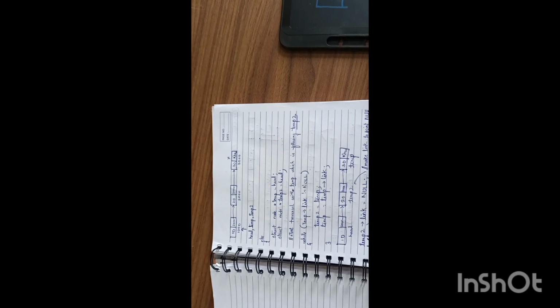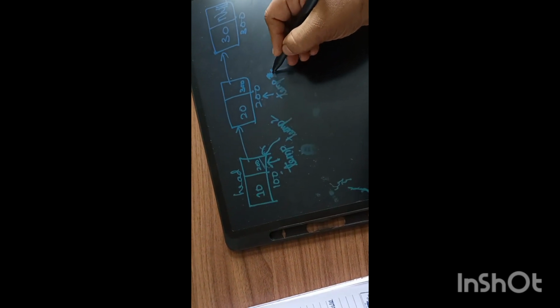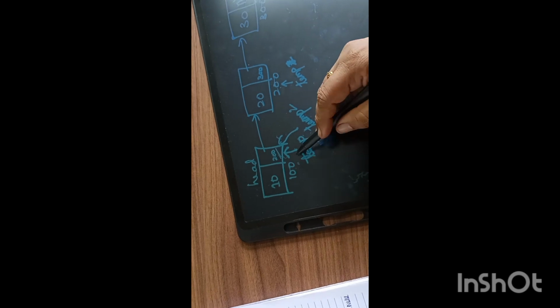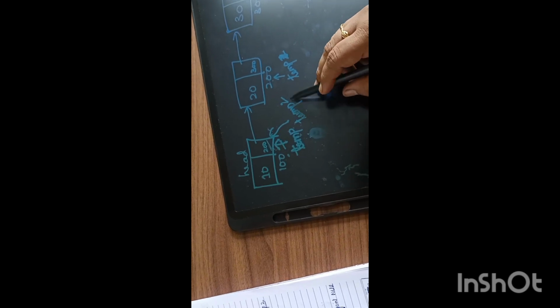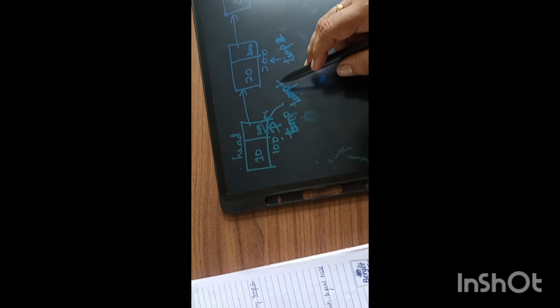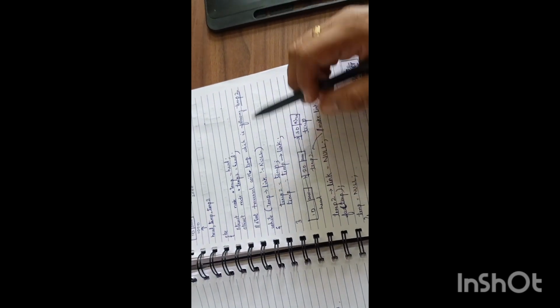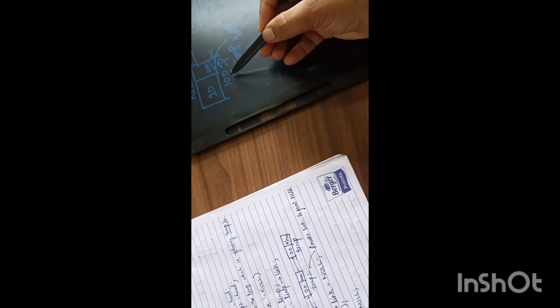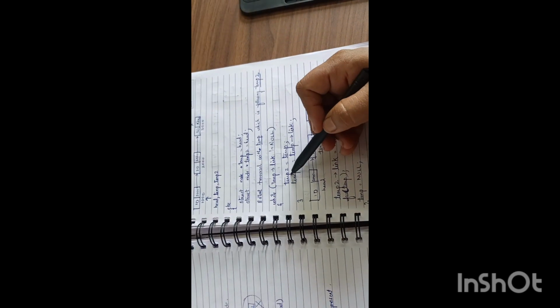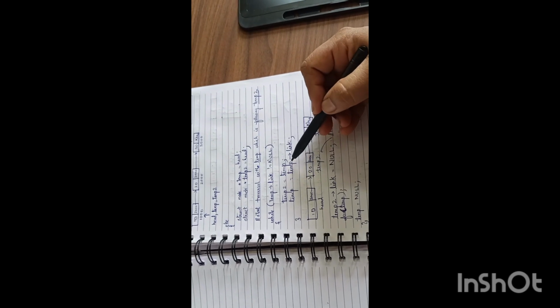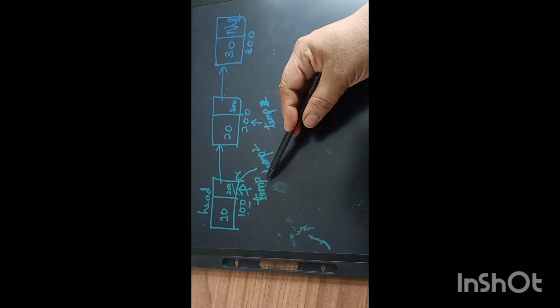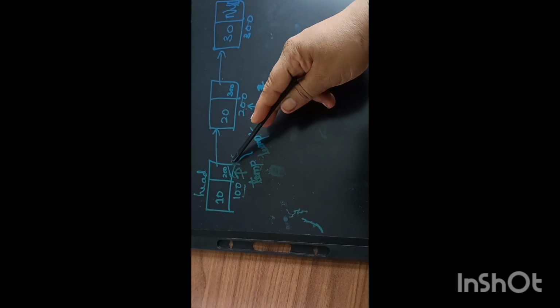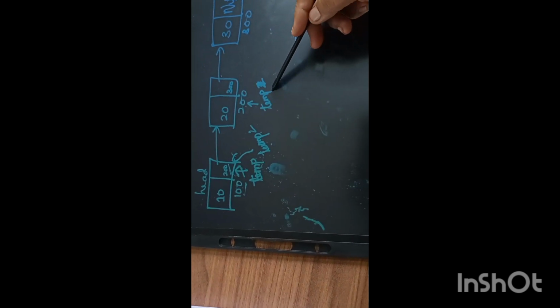This is temp, this I am removing. Temp2 is here. So temp's value I am putting in temp2. Temp value is 100, 100 I am putting in temp2. Then temp's link I am putting in temp. Temp's link is 200, I am putting it in temp.